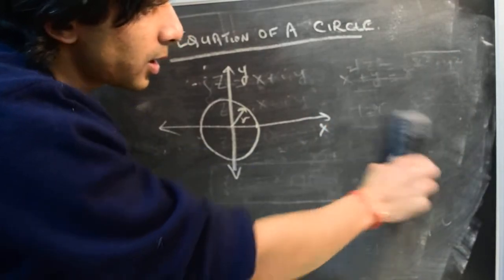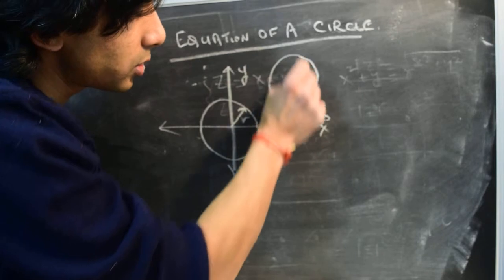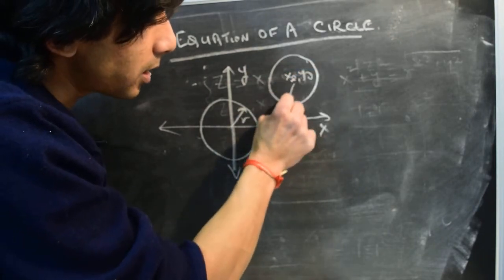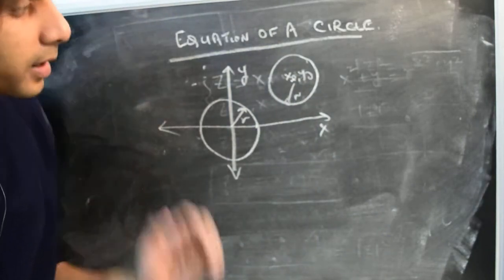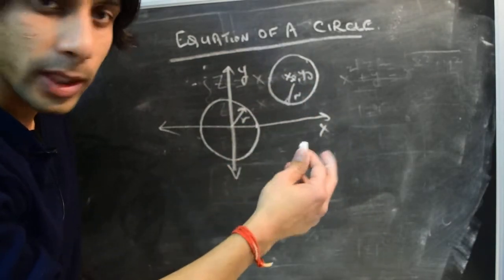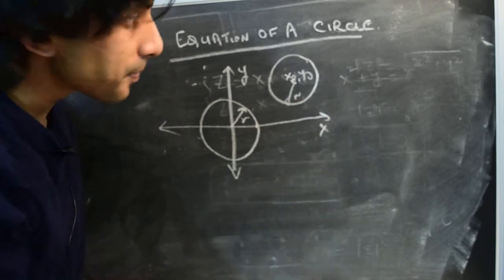In the same way, we can think about writing the equation for a circle which is not centered at the origin, but whose center is maybe x naught comma y naught and radius r. So how do we write the equation for this circle? Again, the idea is that a circle is essentially the locus of a point which is at a fixed distance from the center, and the fixed distance is r.